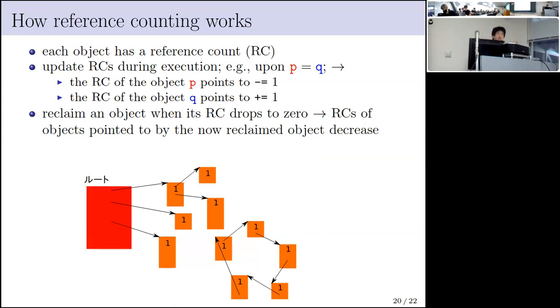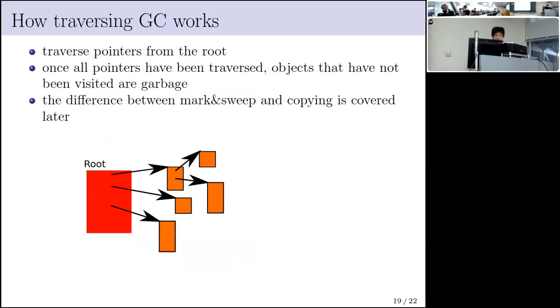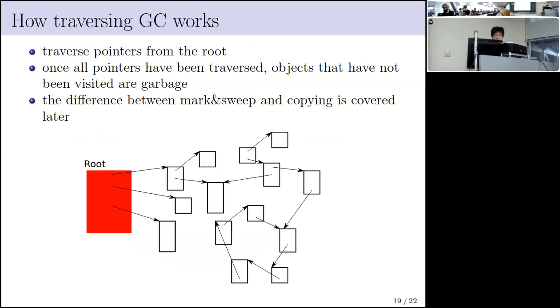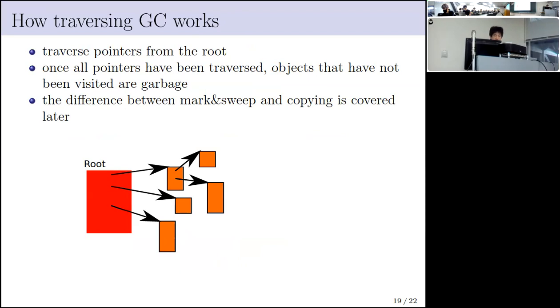So, well, this example was actually intentionally made to contrast the traversing garbage collection and reference counting. So the object graph I was using was exactly the same. So in the case of traversing garbage collection, the only retained objects are these 5 objects.